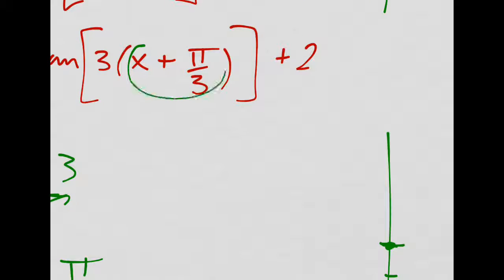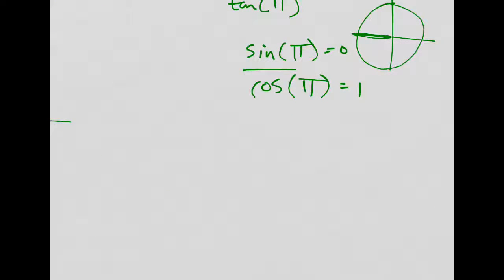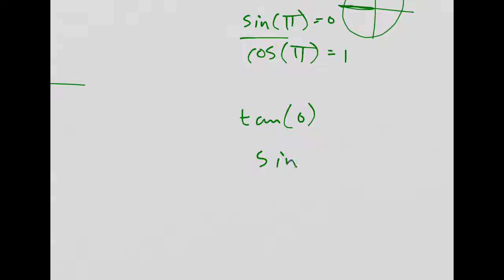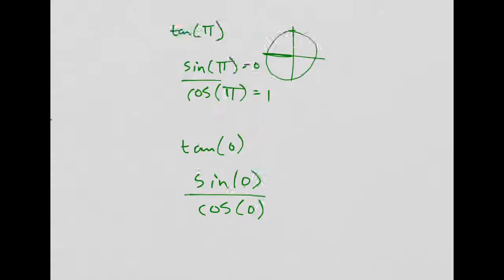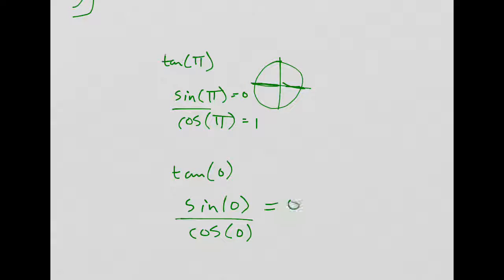So that's the first thing I'll plug in over here, negative pi over 3. So negative pi over 3 plus pi over 3, that's 0, times 3 is 0. So tangent of 0, let's figure out that. Tangent of 0. Well, that's the same thing as sine of 0 divided by cosine of 0. Sine of 0 is 0. Cosine of 0 is what?